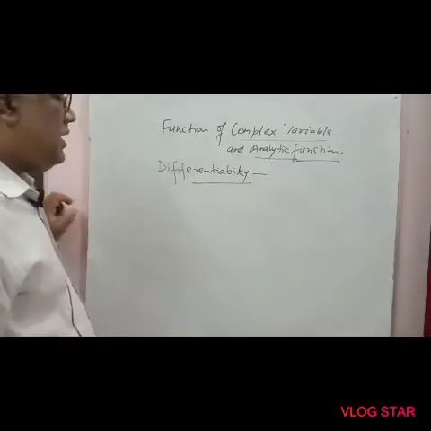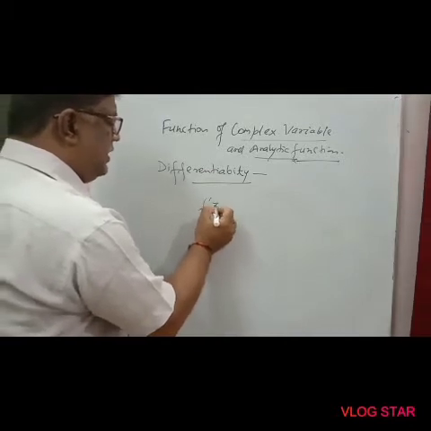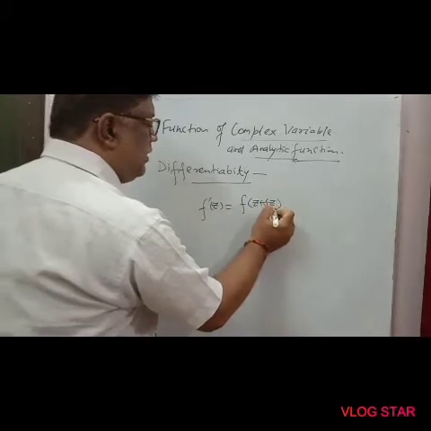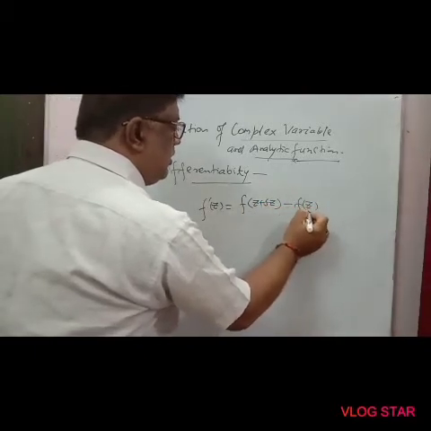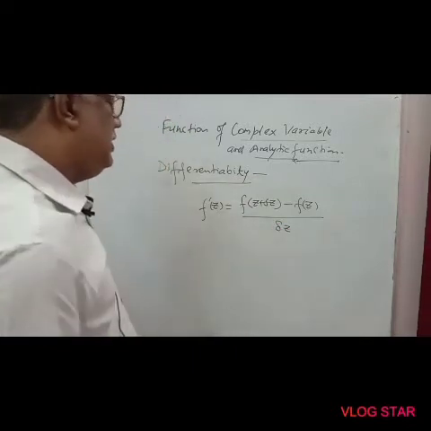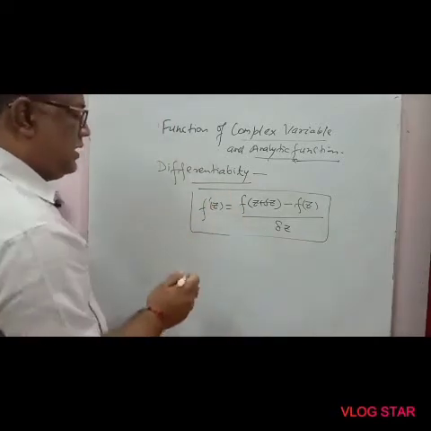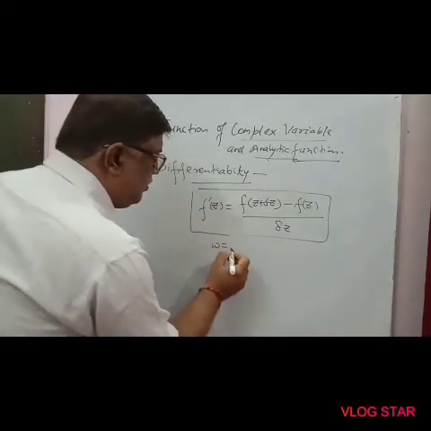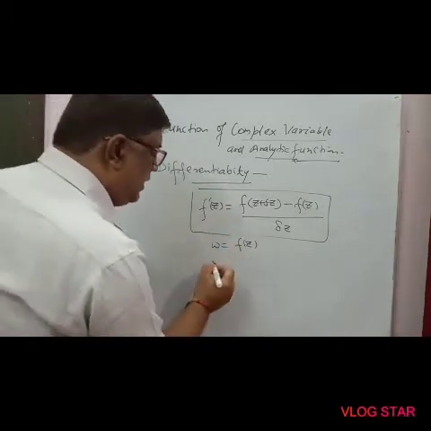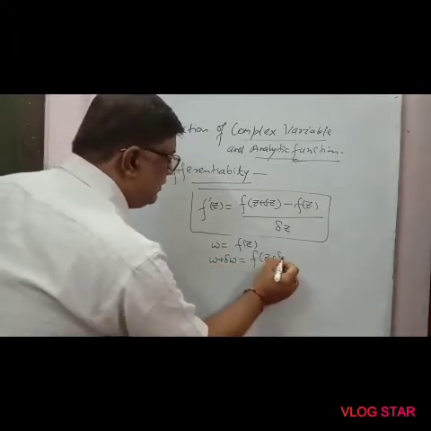And listen, differentiability is defined as f dash z equals the limit of f(z plus delta z) minus f(z), upon delta z. That is called the differentiability of the complex variable function. We know that w equals f(z). Now we have a small increment, then w plus delta w and z plus delta z.